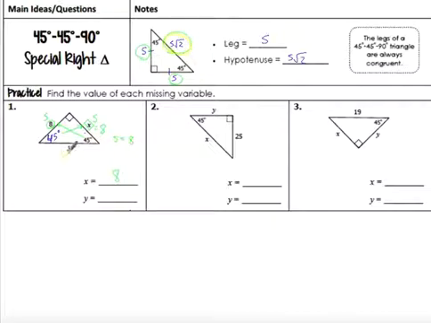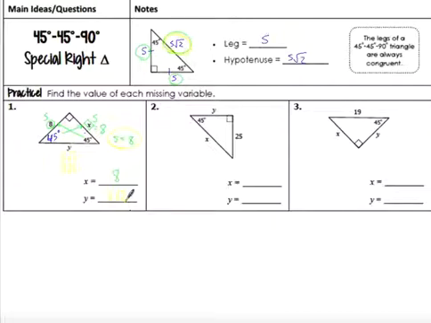So if Y is the same thing as S root 2, and we know that S equals 8, it would be fair to say that Y is 8 times the square root of 2? Yes, that is what Y is. 8 times the square root of 2. So that's the basic gist of solving these kinds of problems.